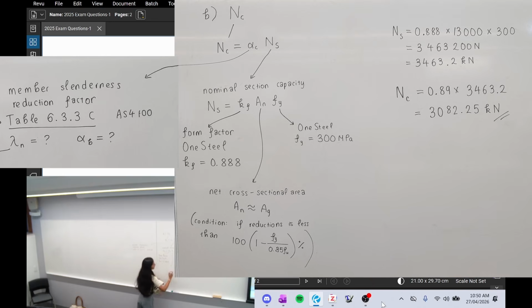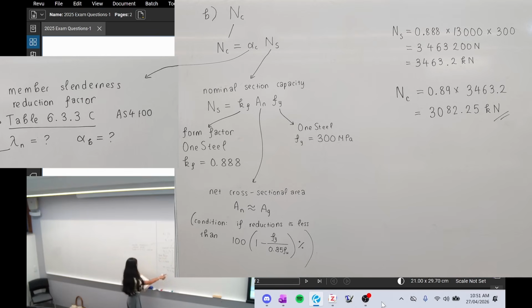Then we have this AN, which we've already seen before. So this is our net cross-sectional area. So here we haven't been given any assumption for finding out what AN is. So we can't use the assumption AN equals 0.9 times AG. But what you can do is use a different assumption, which is just that your AN is approximately equal to AG. And then you can just use AG wherever it says AN.